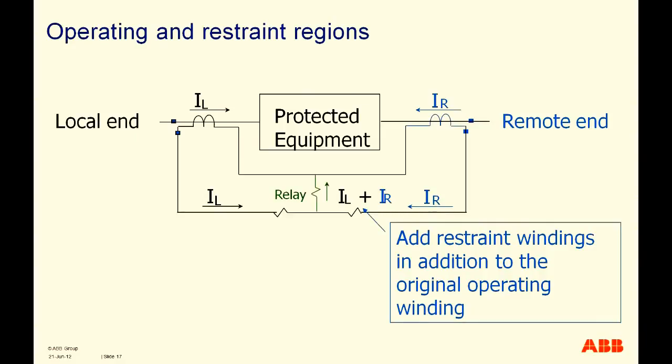But because we do not have the ideal situation, and there can be some errors, which we will talk about in detail regarding these CTs, we have to introduce the restraining winding into the differential scheme, which will provide more stability. So we will add these two restraining coils into the circuit.